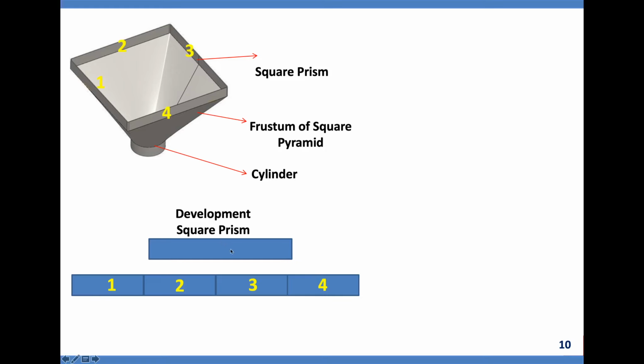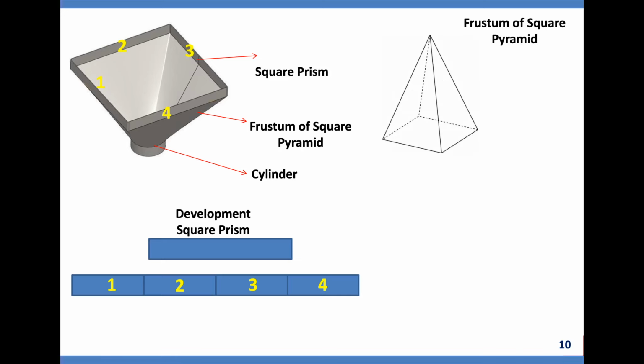This is the actual object, square prism, which I will cut at one end, unfold and spread on a plane to get the development of square prism, like this. With the help of this, mark on a fresh sheet all the boundaries, cut it, fold it back, you'll get square prism.